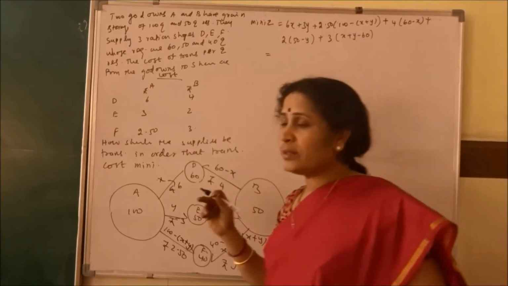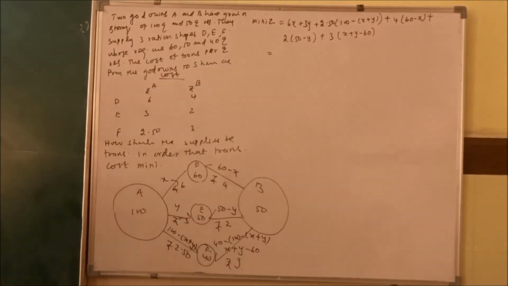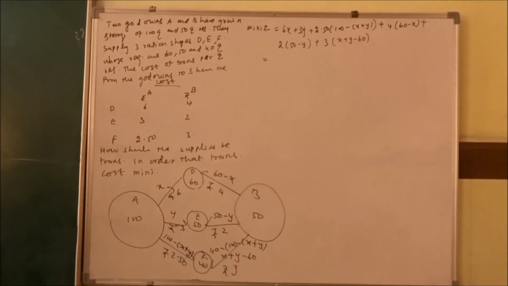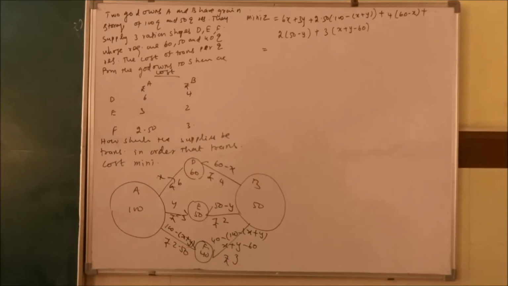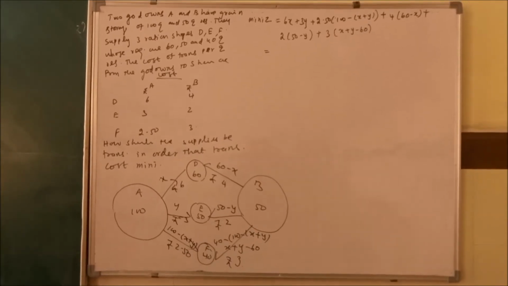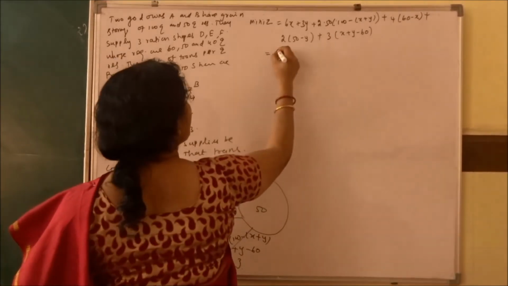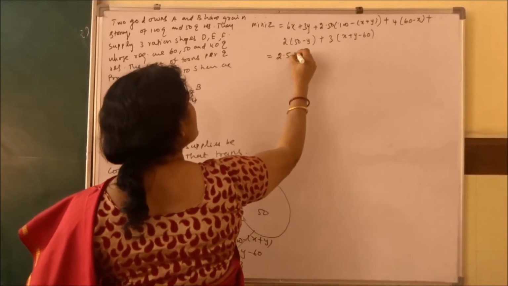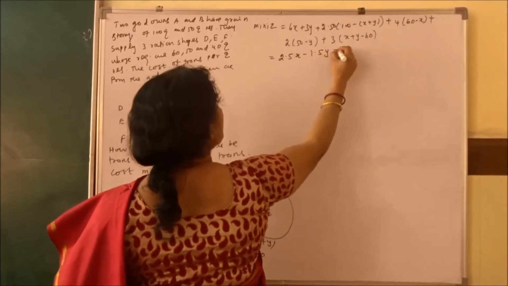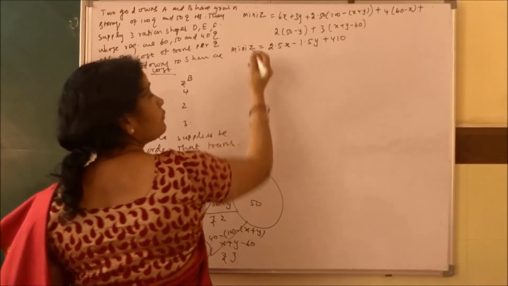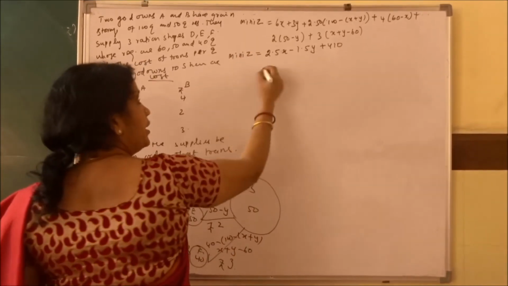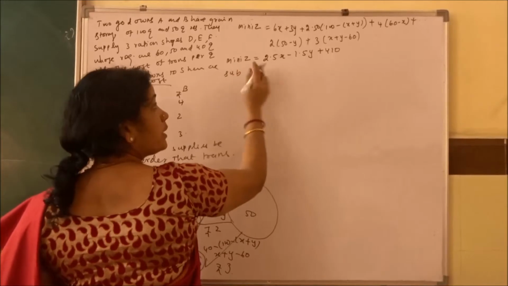Now you have to simplify this, and you will get the answer. After simplification, what I am getting is 2.5x minus 1.5y plus 410. Once again I am saying, the calculation you have to do very carefully. Now this is a rough format I am doing.